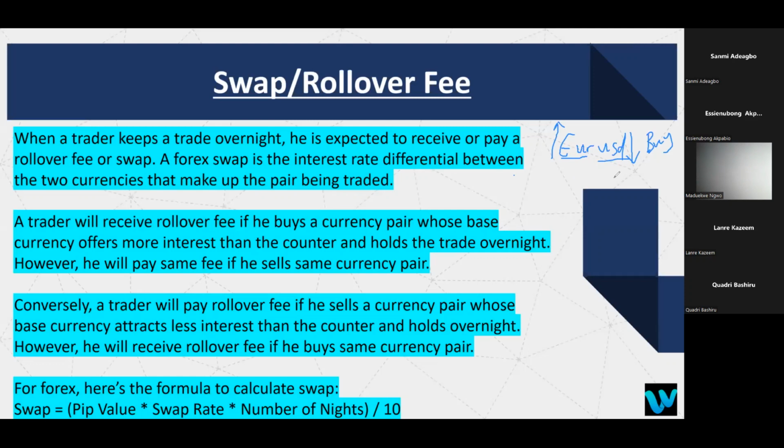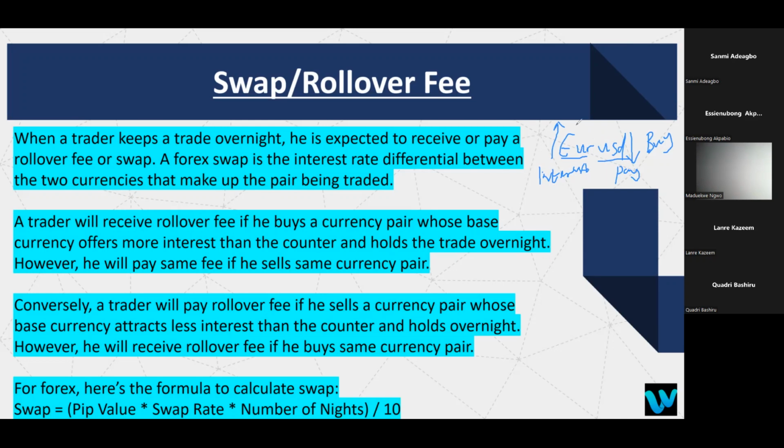Now, if you buy the euro, you are going to be paid an interest. And if you sell the dollar, you are going to pay an interest. So this one you are going to be paid, this one you are going to pay.